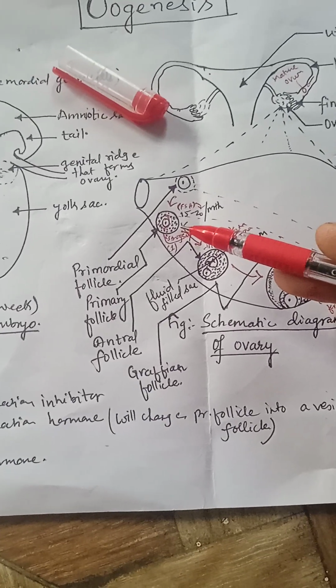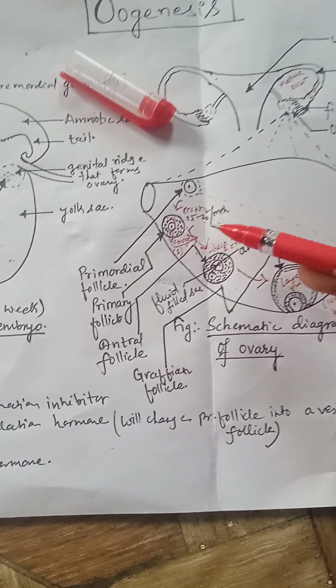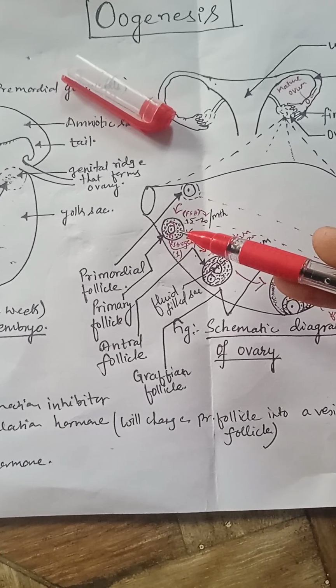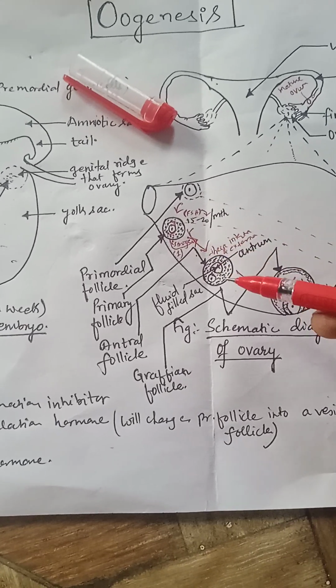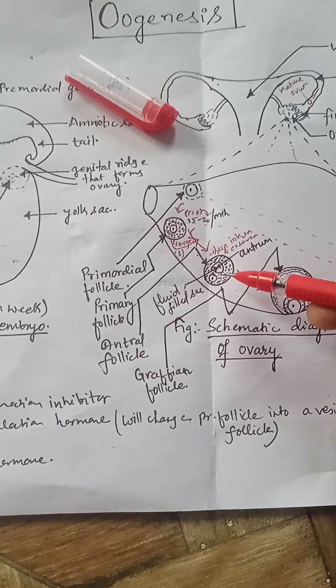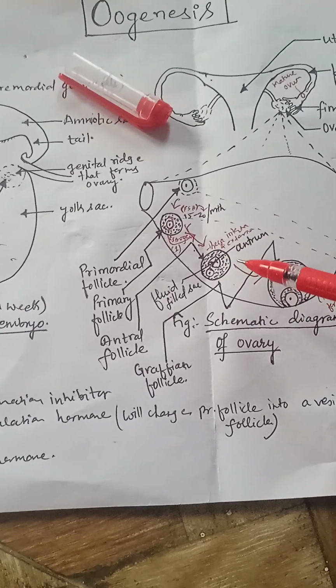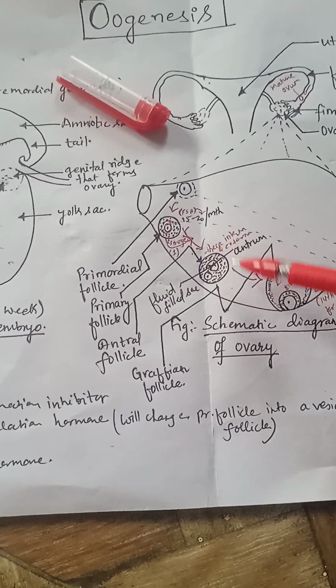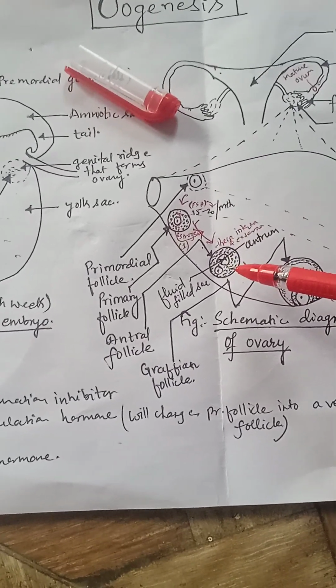Due to this, out of 15 to 20 primary follicles, only one of them will remain alive in the form of antral follicle. Slowly, again, inside the antral follicle, there will be a huge change.